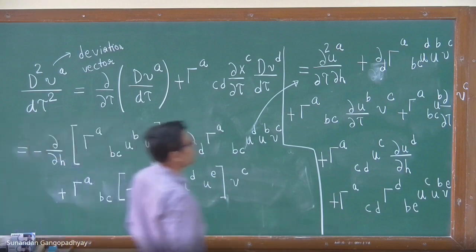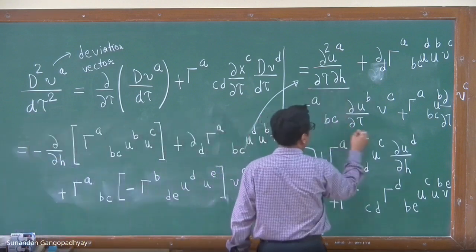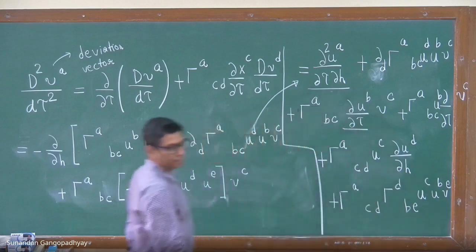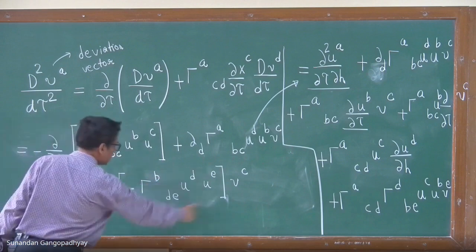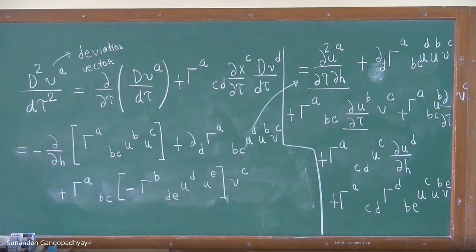So we are using the geodesic equation in this term also. Del UD del tau is minus of this. So that term is taken care of.